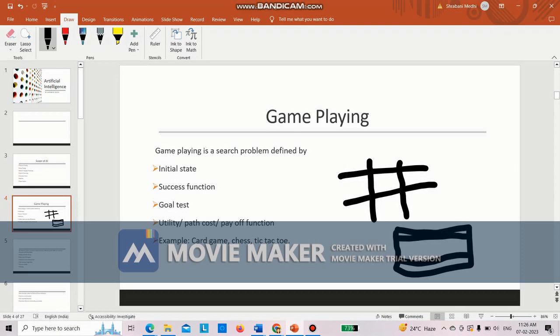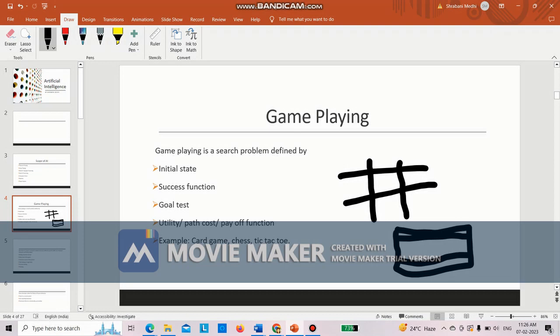For the white players, we will say that the elephant will be here, then the horse will be here, the king will be here, the queen will be here, and here we have the senapatis or the pawns. Similarly, here the black players will be there. So we will have to define the initial position of each and every character in the game of chess. Similarly, in all the games, whatever will be the initial state, we will have to define it here.